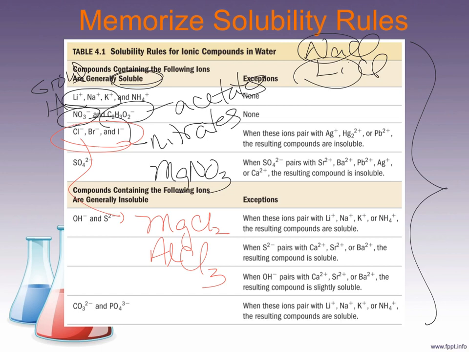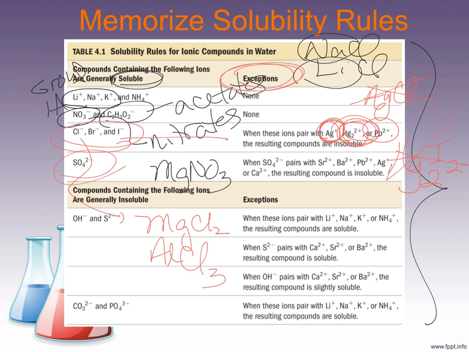There are some exceptions for the halides. If the halide has a cation that's silver, mercury, or lead, it is not soluble. So, for example, silver chloride is not soluble because silver is one of the exceptions. If we have mercuric iodide, that's not soluble. Mercury is one of the exceptions. All right, and then sulfates tend to be soluble.